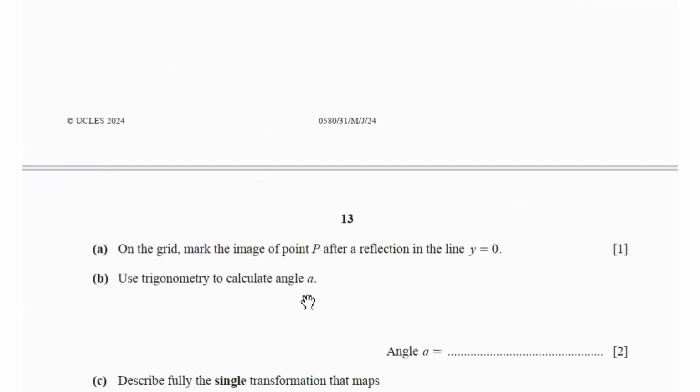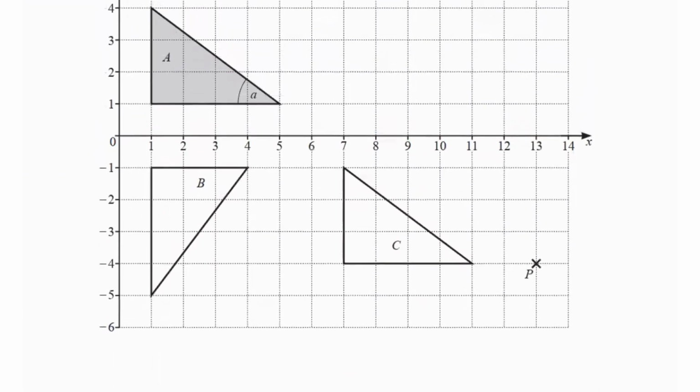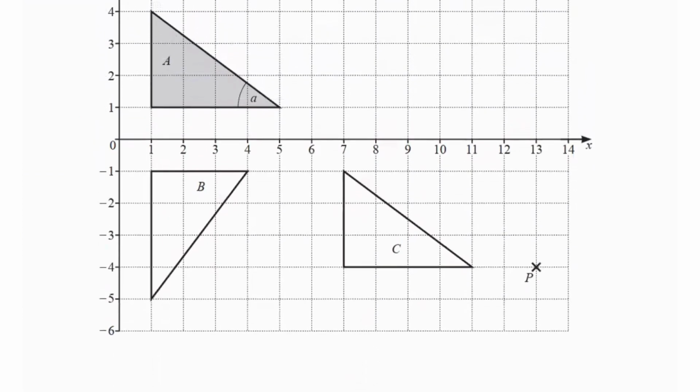Then use trigonometry to calculate A. For this, we can see that this distance is 3 and this distance is 4, because of the difference between these two points and the difference between these two points. So we have the opposite, which is 3, and the adjacent, which is 4.